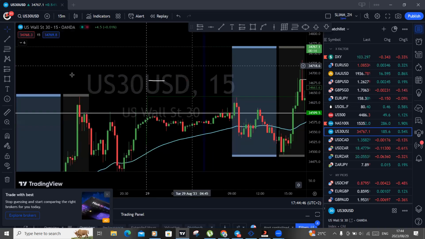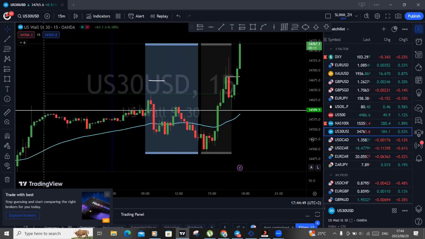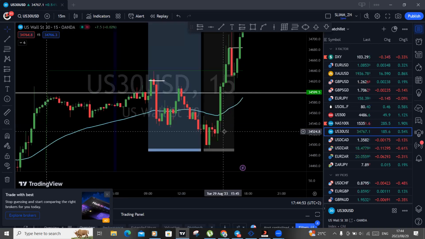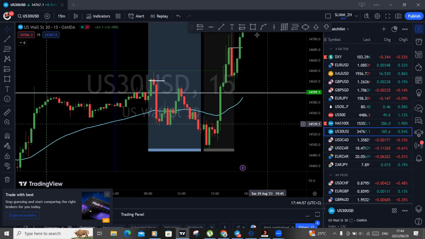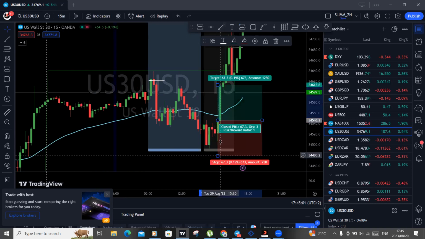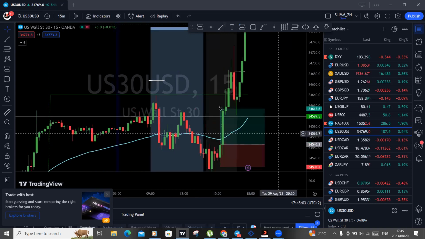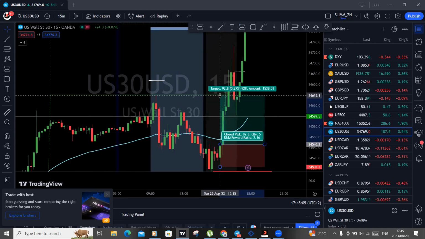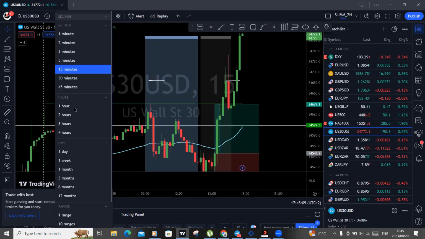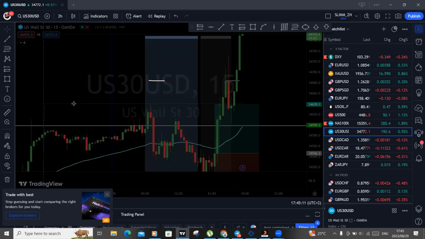So for the buys, liquidity was taken 2:30 p.m., 15:15, bullish engulfing. TP would have been the London highs, which was right here. Or do we have something on the left here?